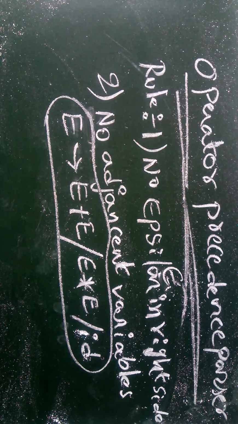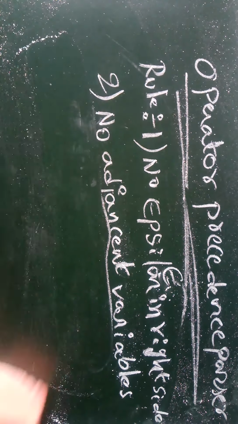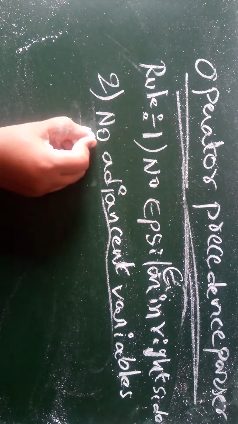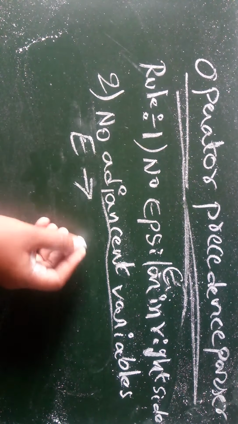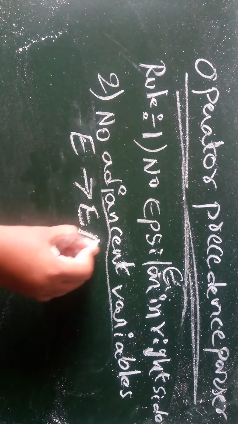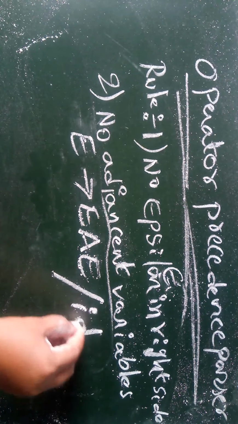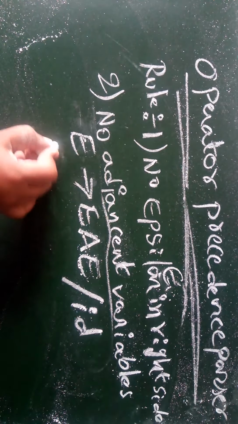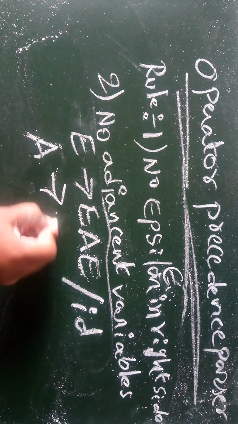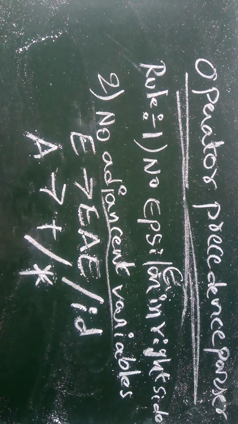Take another example. E tends to EAE slash ID, and A tends to plus and star.